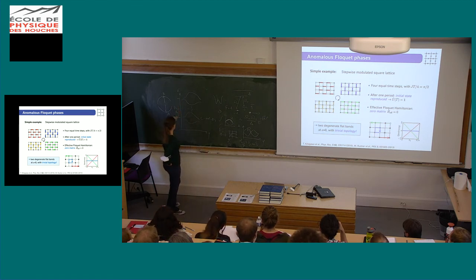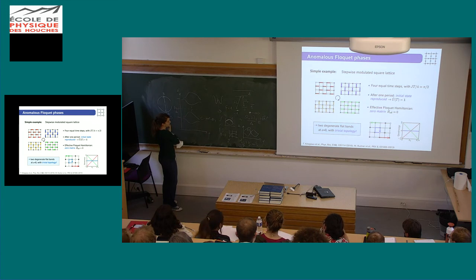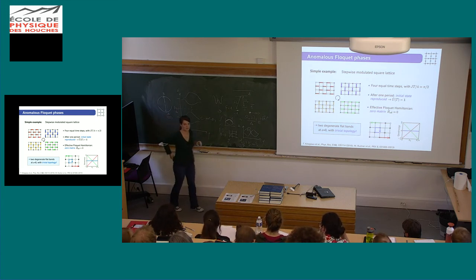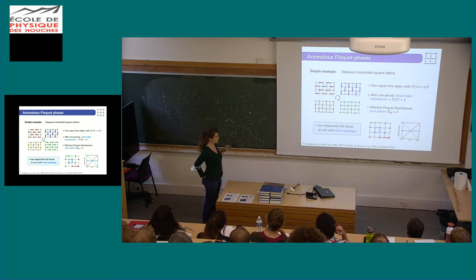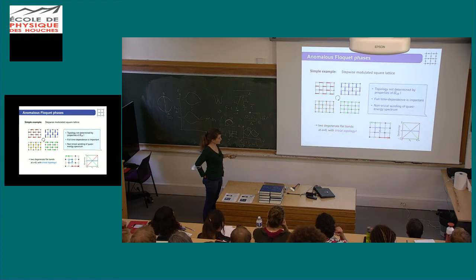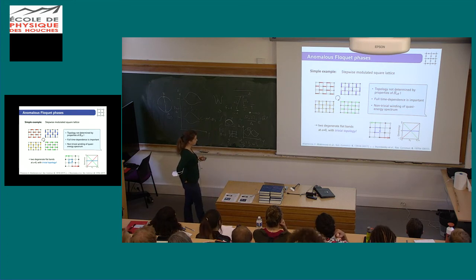We cannot just assume that everything is described by the 2 bands of our Floquet Hamiltonian. We have to take into account what happens within one modulation period, or in other words, we need higher orders of this Floquet expansion that we have seen previously, and really look at what the micromotion does at times within one driving period. And then one can compute new topological quantities that characterize these bands.